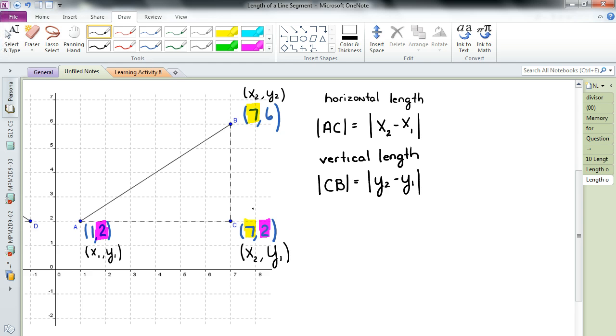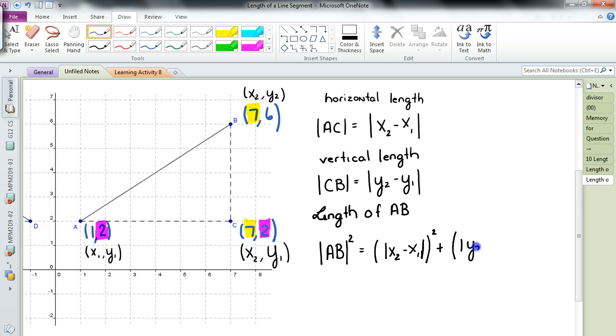So now if I want to find the length of AB, the length of AB squared is equal to the absolute value of x2 minus x1 squared, that's nice and long, plus the absolute value of y2 minus y1 squared.